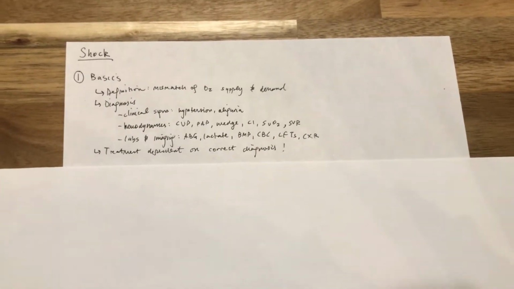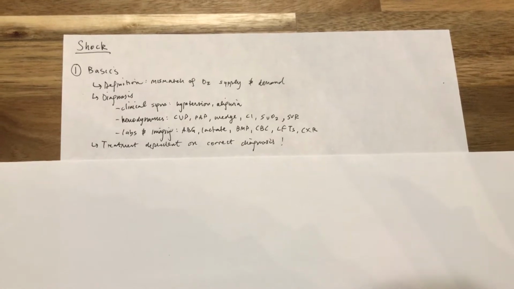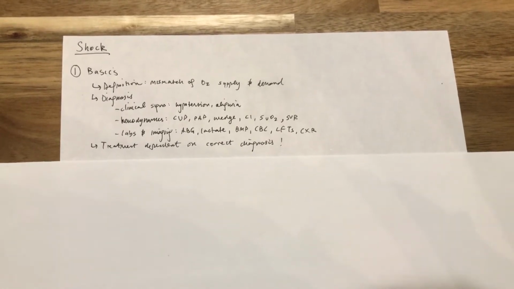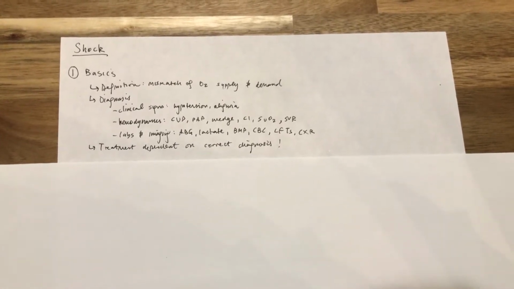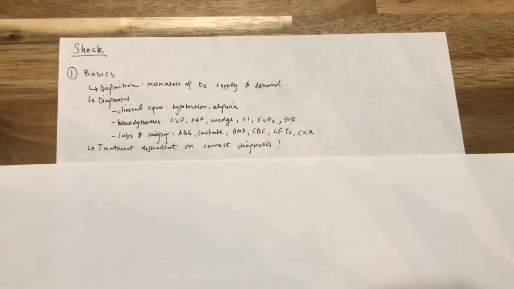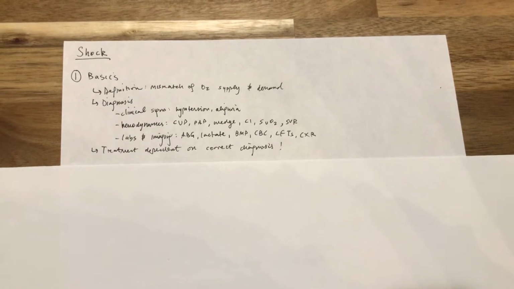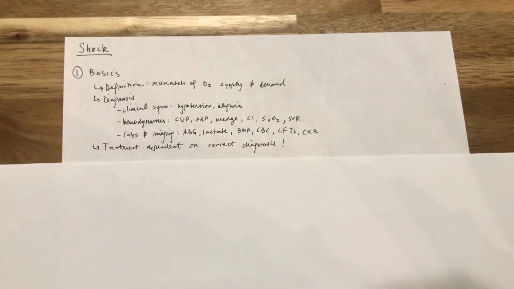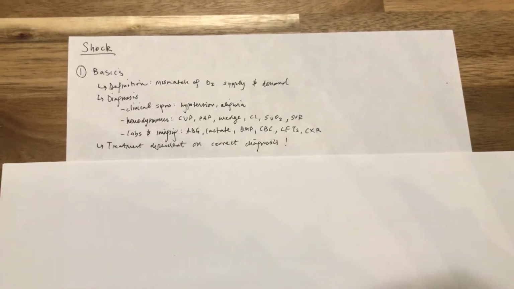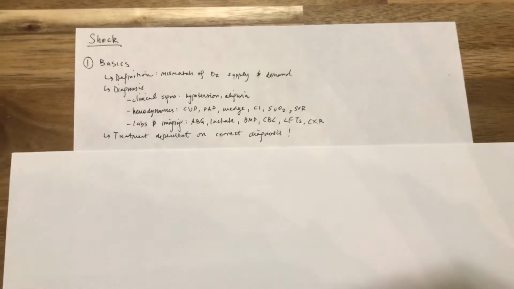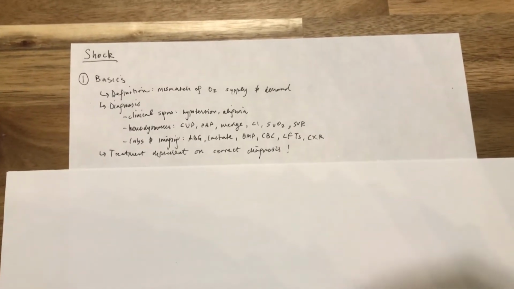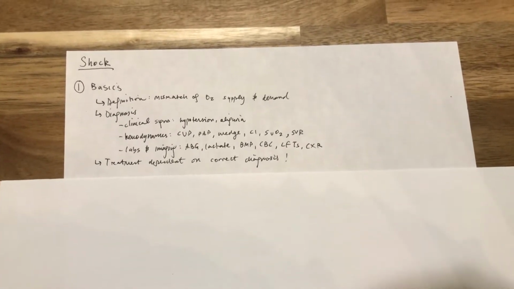And in order to diagnose shock states, I kind of think of it in 3 pieces. The first of which is clinical signs. So is the blood pressure low, is the urine output dropping. Second is hemodynamics. So usually in the CTICU, we have central lines and we have PA catheters.